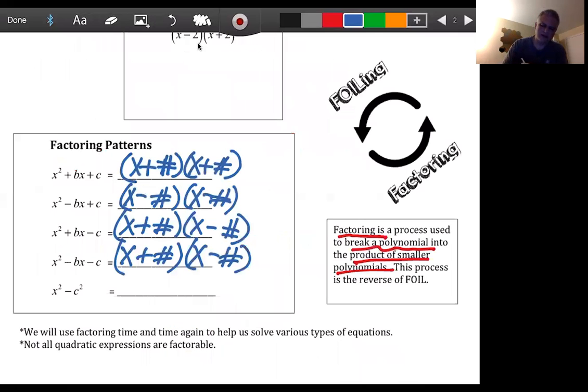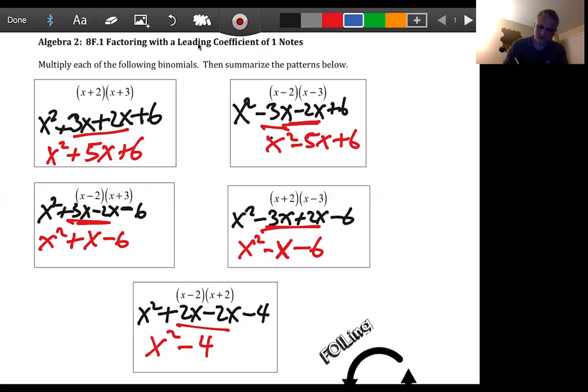And then x squared minus c squared. This is x squared minus 2 squared. That's the same as x squared minus 4.